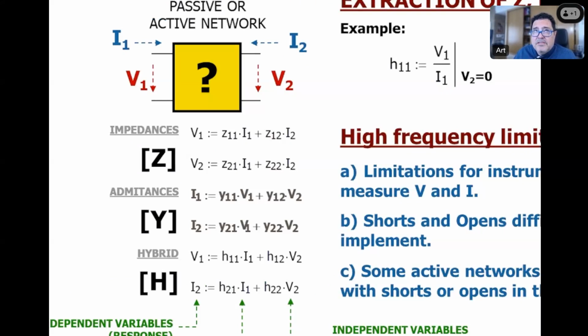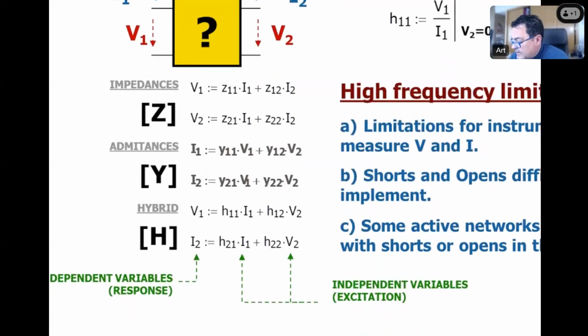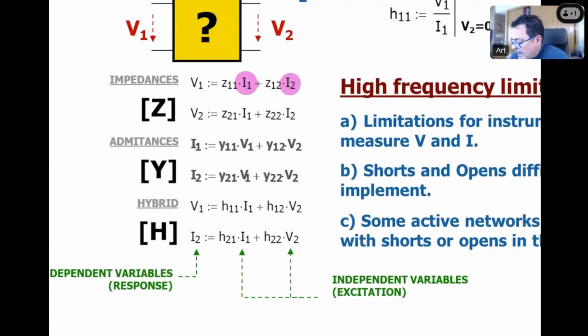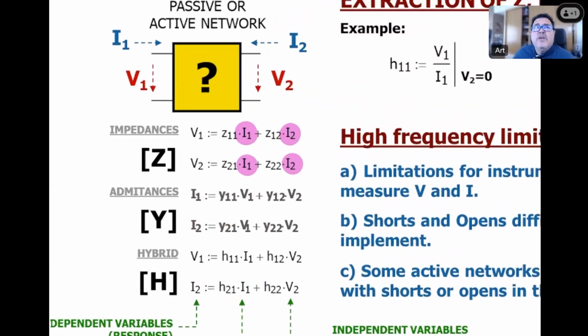Considering the figure, we have two ports, like in the case of a filter. The voltages and currents can be considered excitations or results from excitation. That means we have independent variables or dependent variables. If your independent variables are the currents, I1 and I2, the currents at the input port 1 and the output port 2, then the dependent variables will be the voltages.